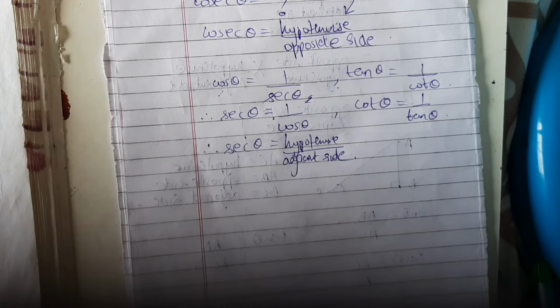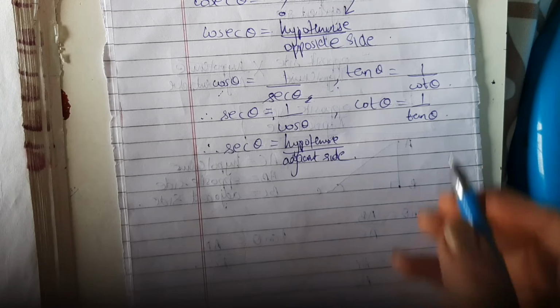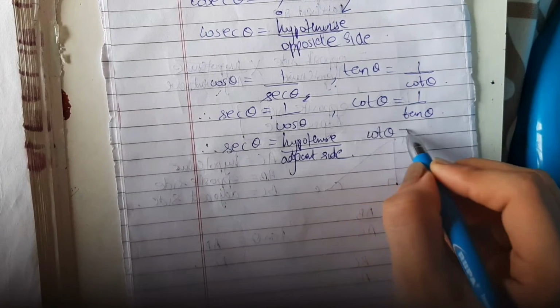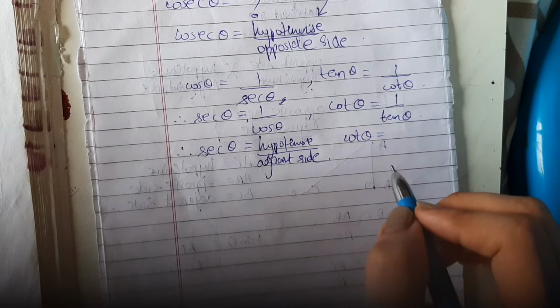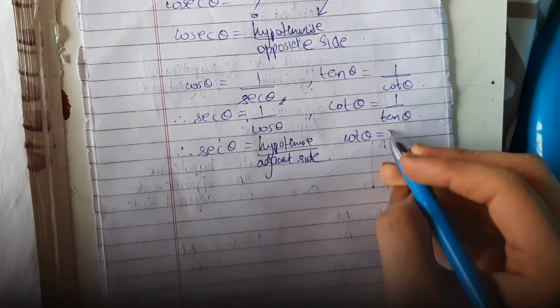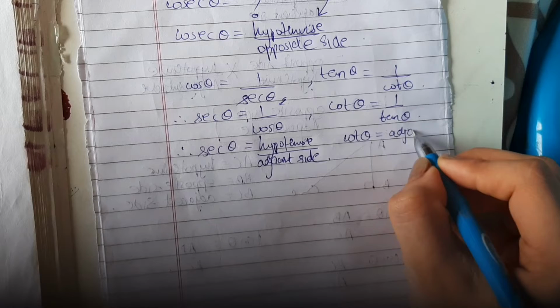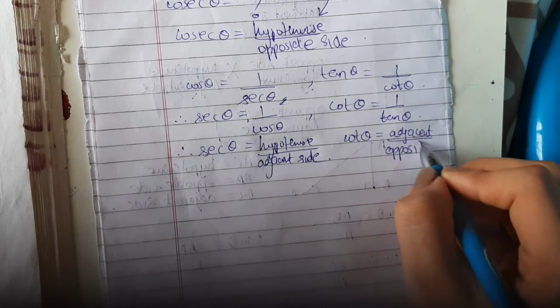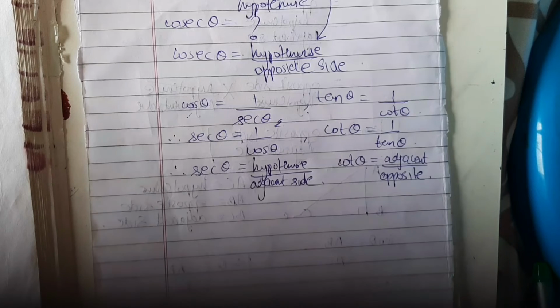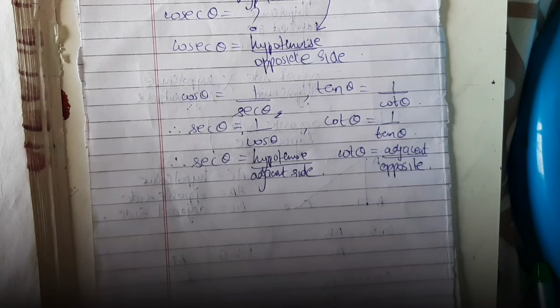So we will take the reciprocal and we will get sec theta is equal to hypotenuse upon adjacent. Similarly, cot theta will be equal to 1 upon tan, that is 1 upon opposite upon adjacent, and we will take the reciprocal and we will get adjacent upon the opposite. Understood this much? These are very basic formulas of trigonometry. You should all know them.